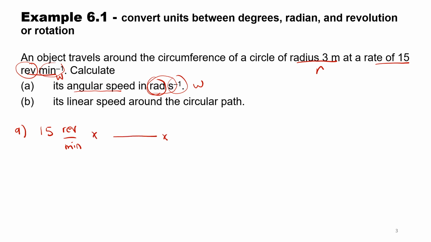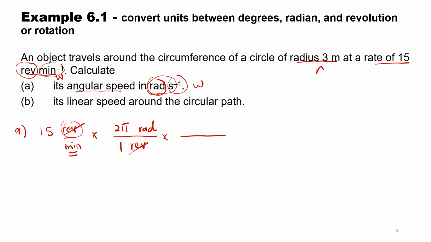Notice that the unit on the top is revolution. We need to put the same unit at the bottom here. So we always want to set it up in such a way that this unit will cancel. We know that one revolution is equal to 2 pi radian, and then same goes to this unit, minute.